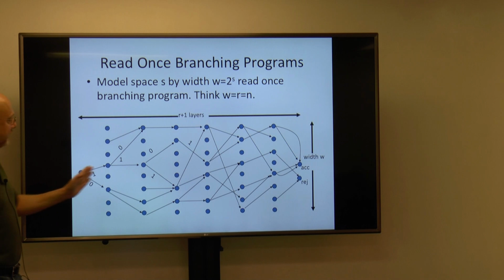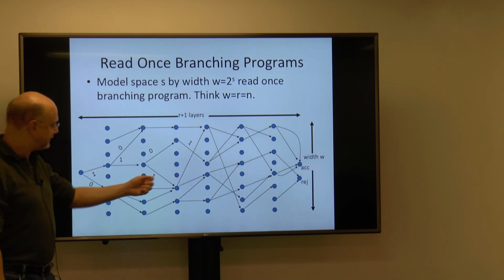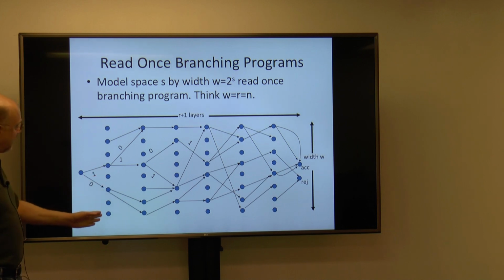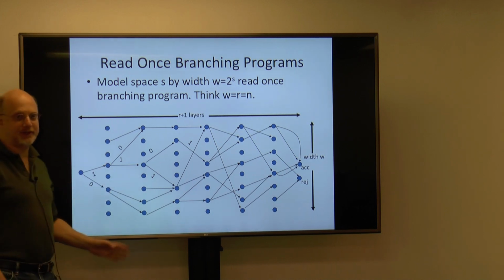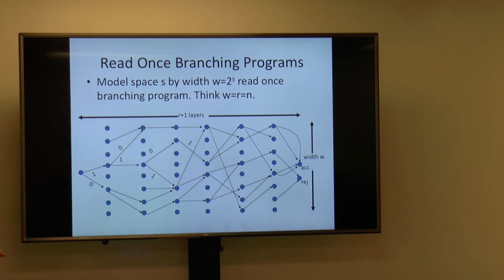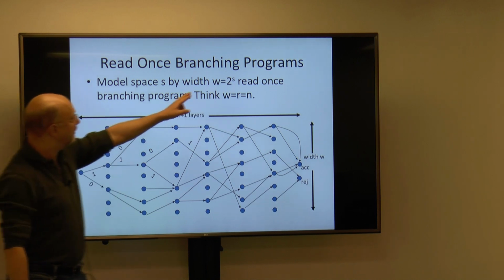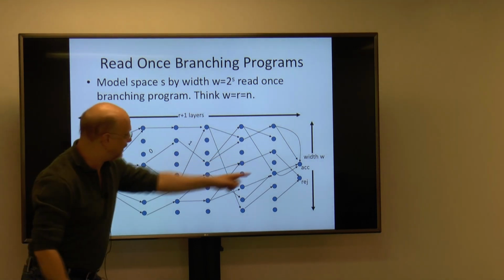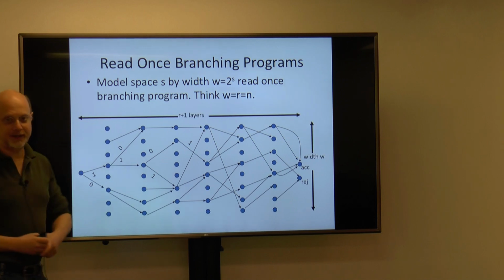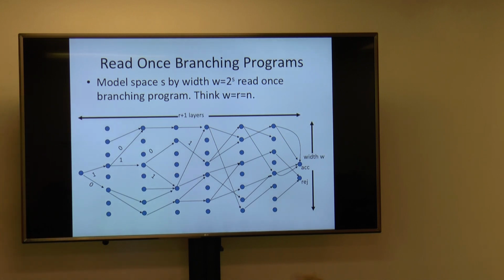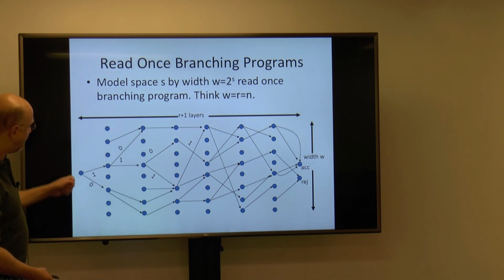So there are R layers, and it's a directed graph. Each layer represents a configuration of the Turing machine. We're saying the width W is the number of nodes in a layer. So think of W as 2 to the S, or more or less.